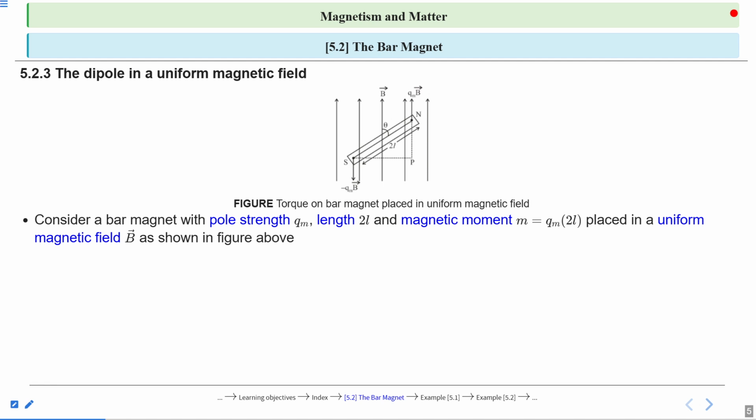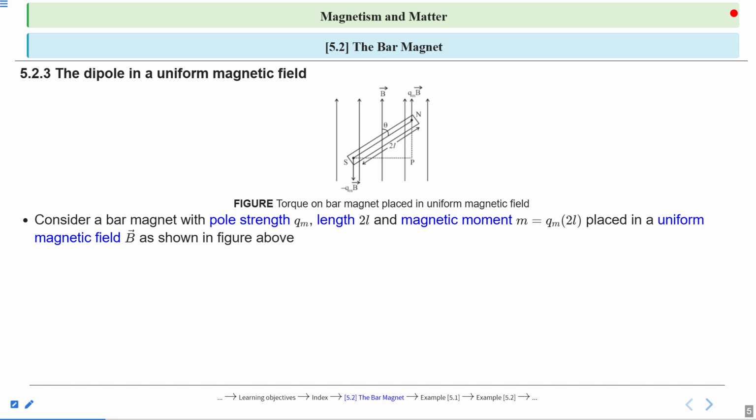In this chapter, the magnetic force we will consider as pole strength into magnetic field. We are drawing an analogy to electrostatics, so in place of charge we are taking pole strength, and in place of electric field we are taking magnetic field.